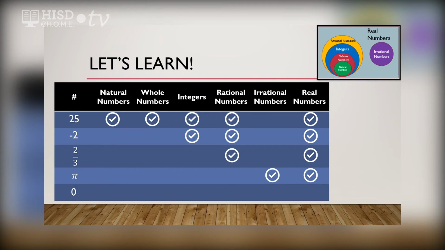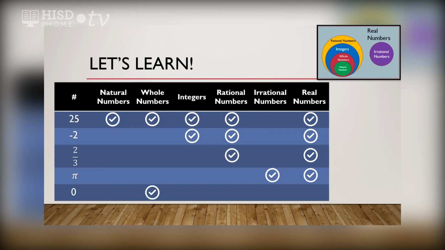Okay, so our number 0, if we remember correctly from our review section, is not part of the natural numbers. That means that it's not a counting number, but it starts on the whole number set.